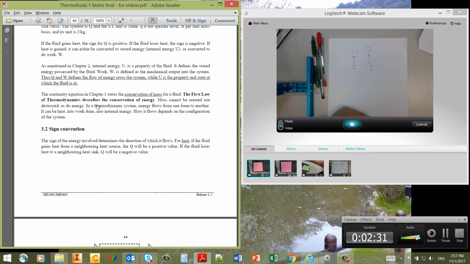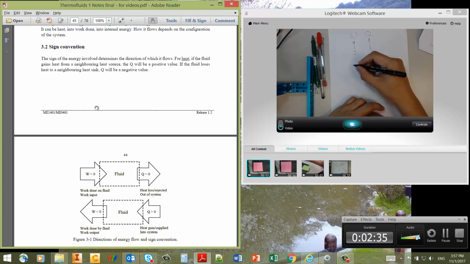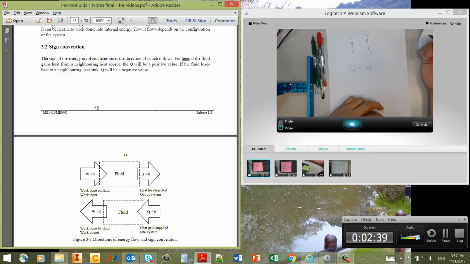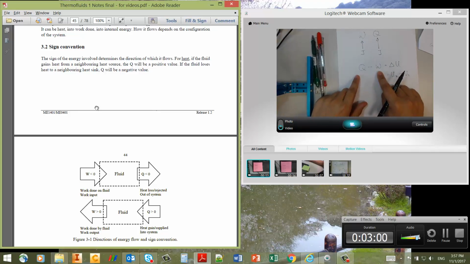So the main equation is this: heat minus work is equal to the change in the internal energy of the fluid. Change meaning final U minus initial U, or outlet U minus inlet U. We will talk more about this later, but first we look at Q and W.